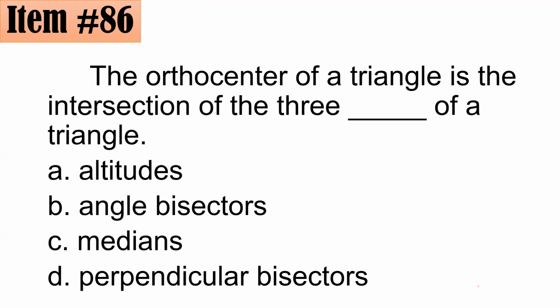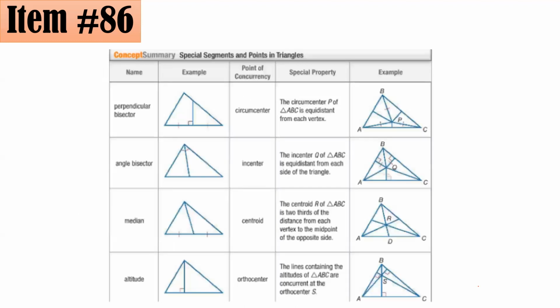Tandaan po natin ha. So these are what you call your secondary parts of your triangles. Tandaan po natin. The intersection of the three perpendicular bisectors is what we call circumcenter. The intersection of the three angle bisectors is what we call incenter po.